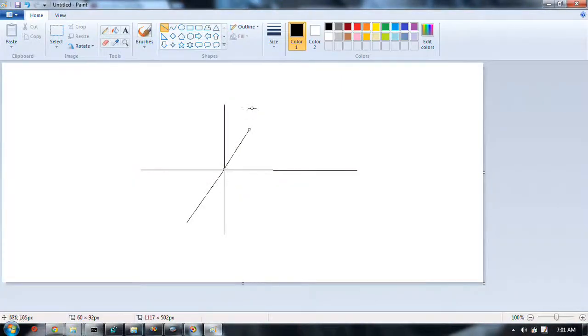Depending on the way this goes, in or out, let's say it's here. I draw a dot. There's the first point.